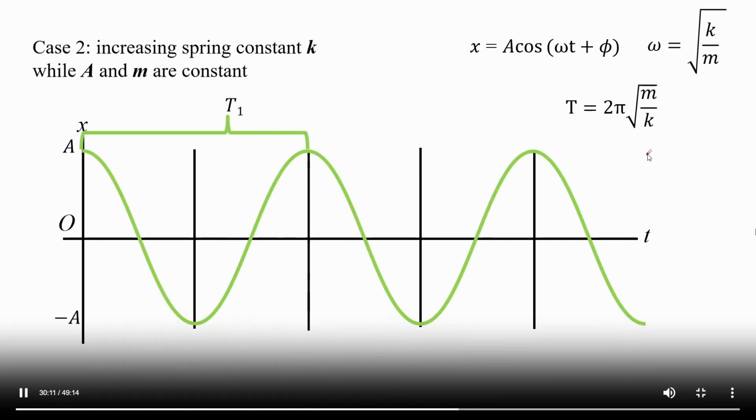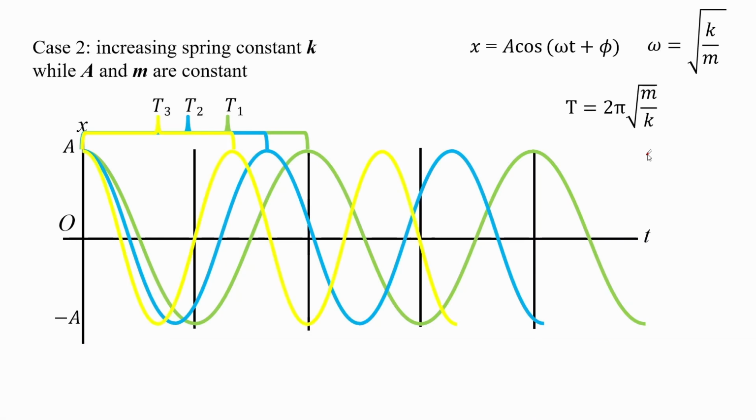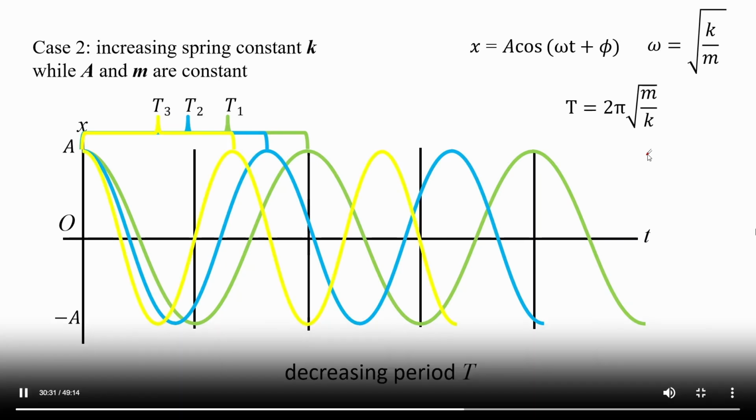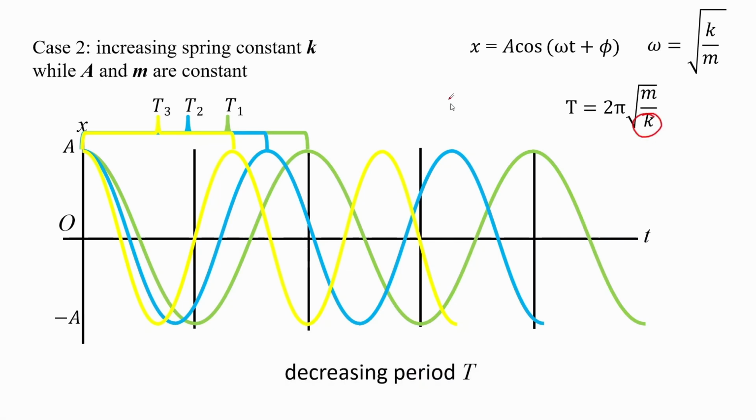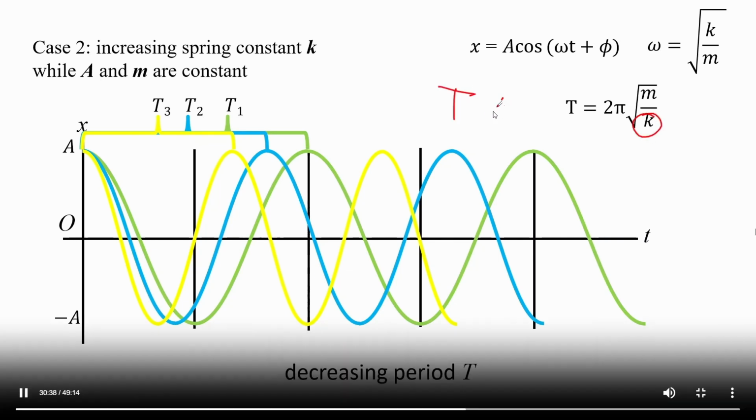Here we increase the spring constant, while a and m are constant. So this is what happens to the period for T1. What happens if the value of the spring constant becomes larger is that the period becomes smaller, because if you look at the bottom here, the period is inversely proportional to your spring constant.